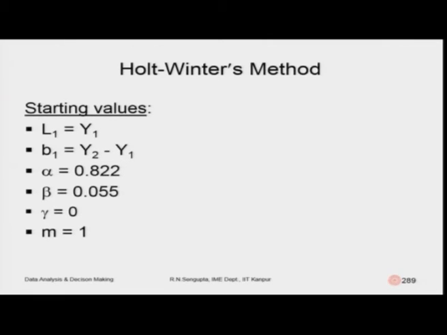We considered a value of alpha as 0.822, beta as 0.055 and gamma as 0. So that means we are considering a weight of 82%, the trend component being about 5.5%, and the seasonality component being 0%. These are the initial values.